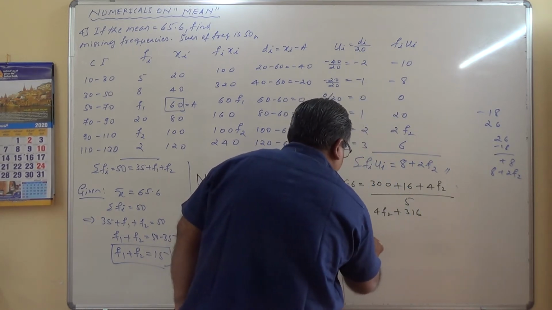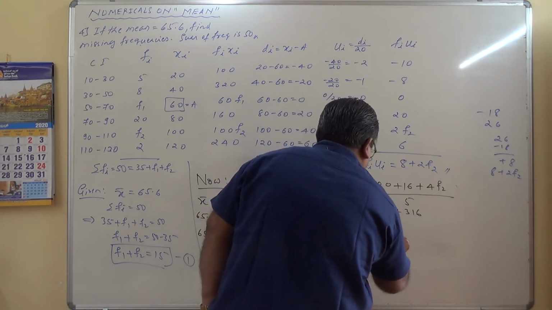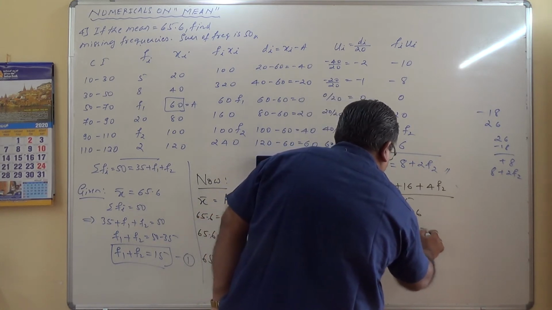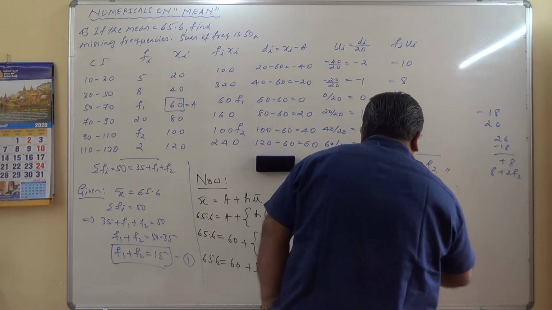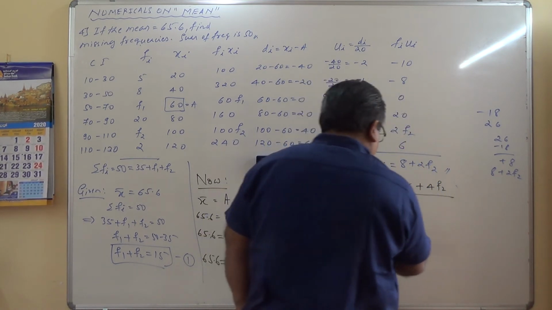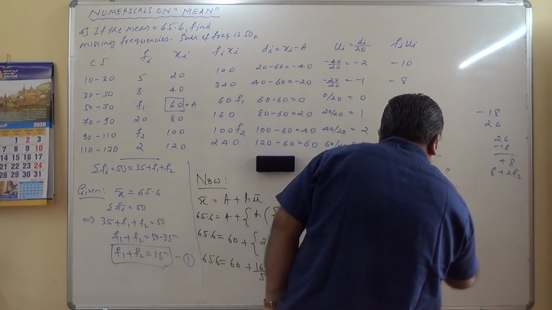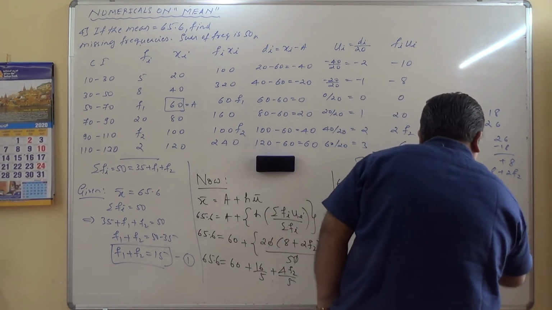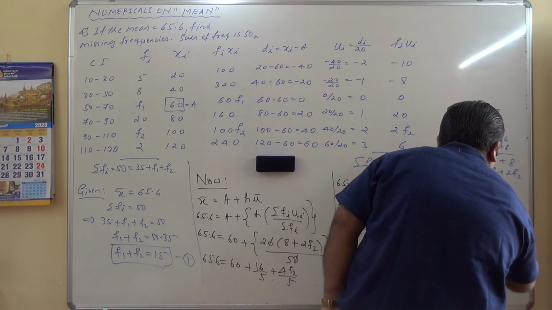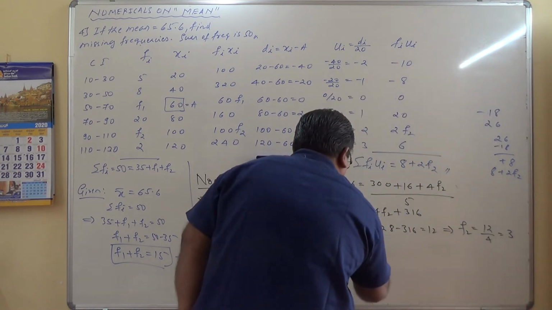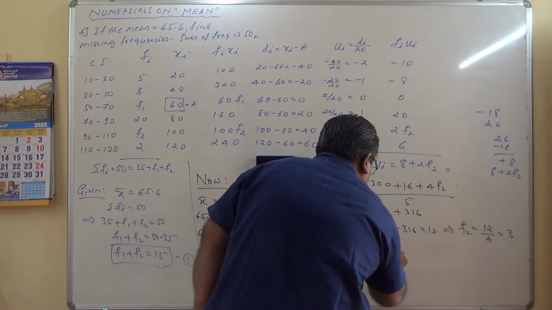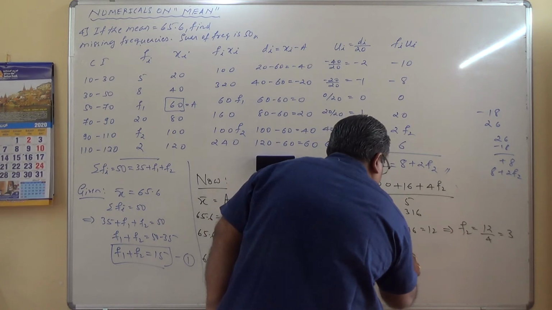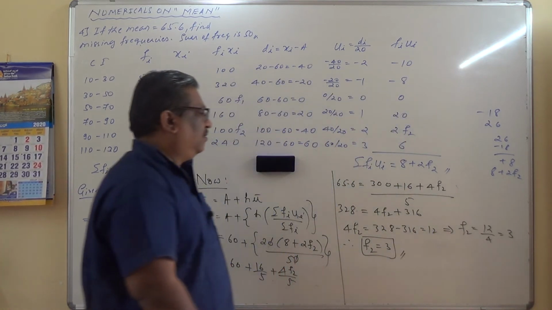So 4 f2 is equal to 328 minus 316, which is 12, implies f2 is equal to 12 divided by 4, which is 3, and therefore f2 equals 3. I got it. 4 3s are 12.